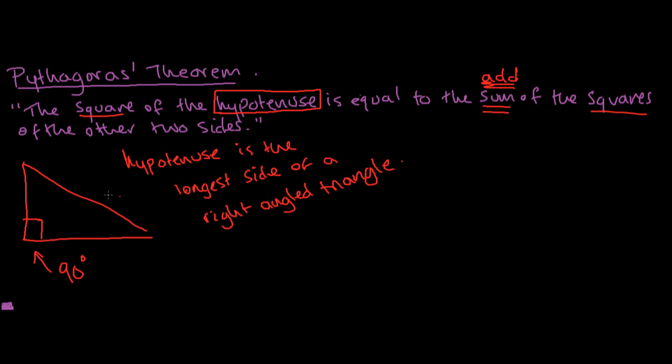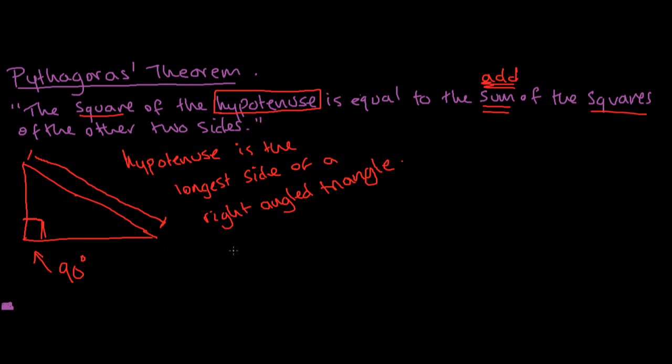And for example, in this one, this length here would be the hypotenuse. Another way to pick it out would be to say that it's opposite the 90 degree angle. So the hypotenuse is always opposite the 90 degree angle. Here's our 90 degree angle, here's our hypotenuse. So that's 2 ways: the longest or opposite the 90 degree angle.